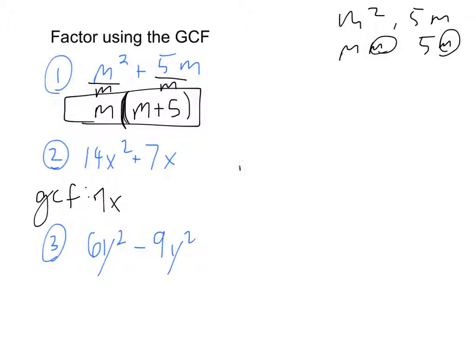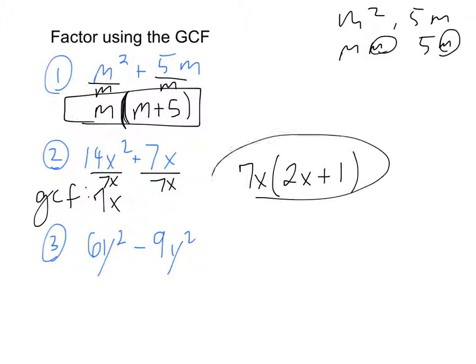So we will take 7x and divide both of these terms by it. So 14x squared divided by 7x, we're pulling out the 7x, so we get 2x. And if I divide this by my GCF, anything divided by itself is 1.